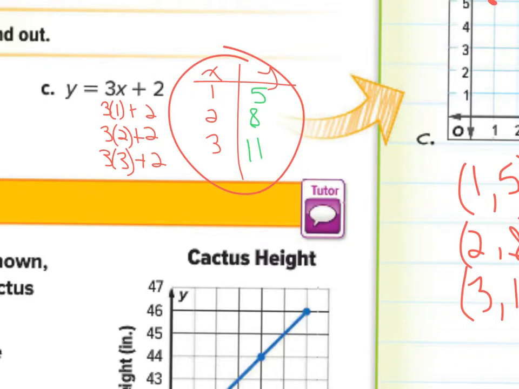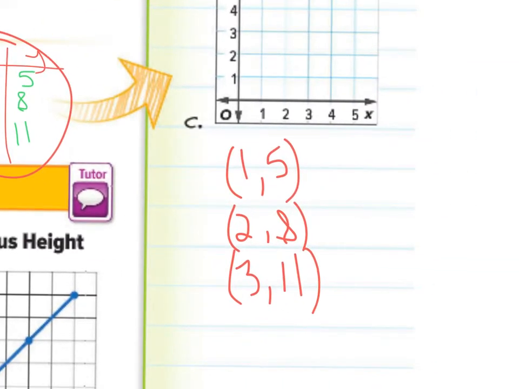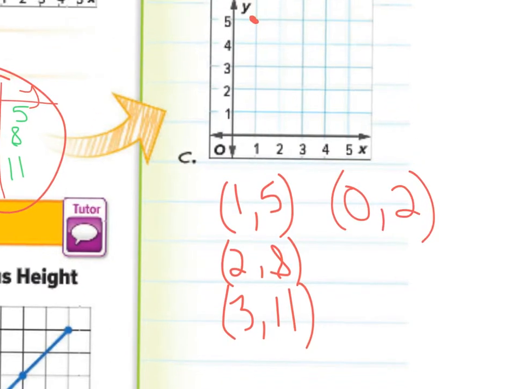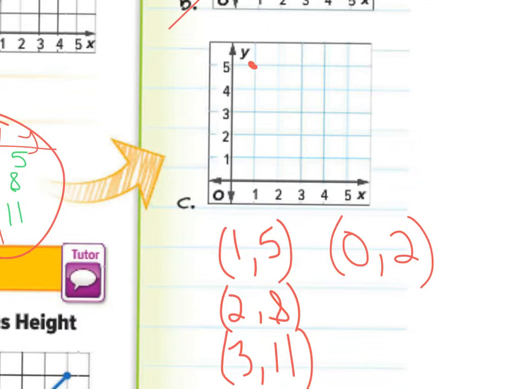So that's another coordinate that I could add on there. When x is 0, y is 2. So I put that in there, because x is 0, but I still go up to 2. And I can now draw my line, and I see that I have a y-intercept of 2.